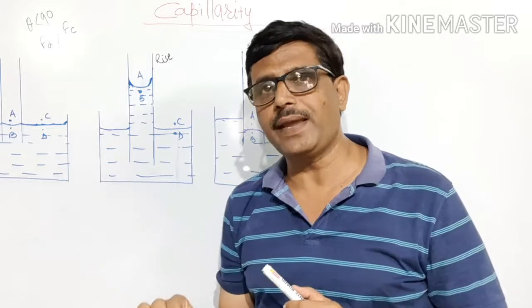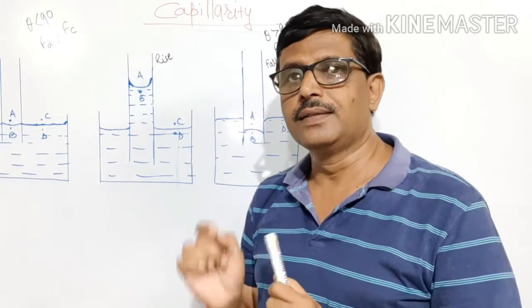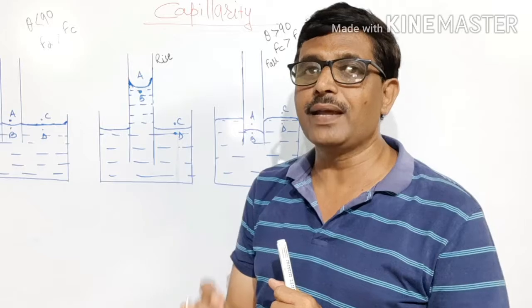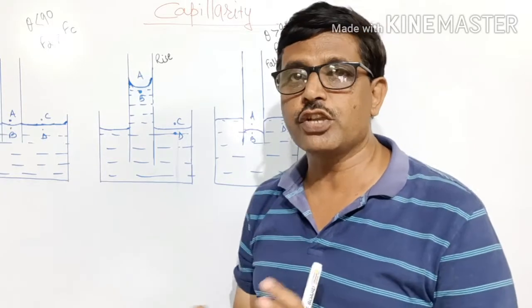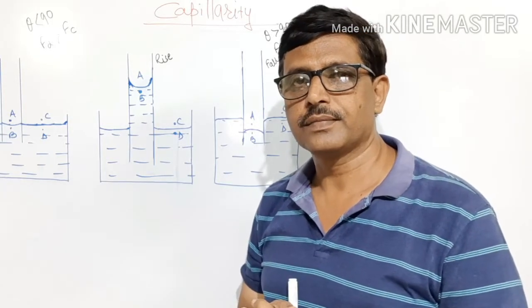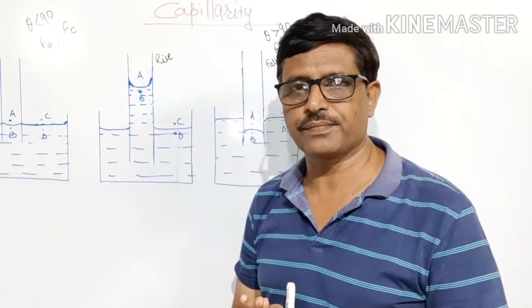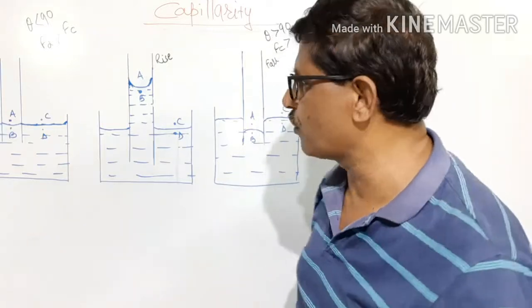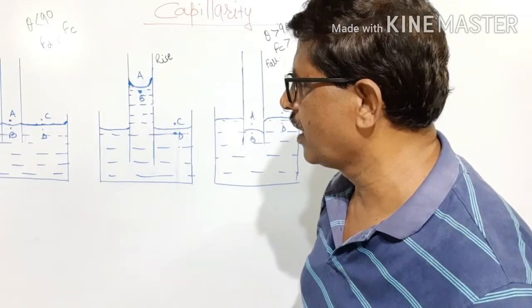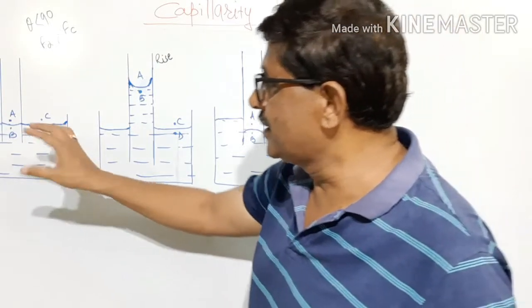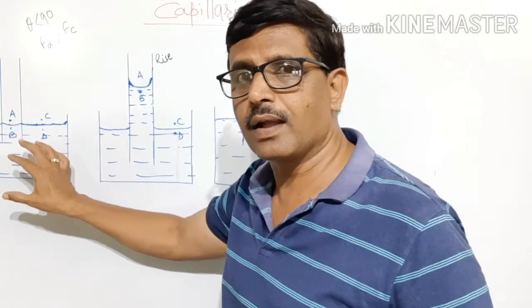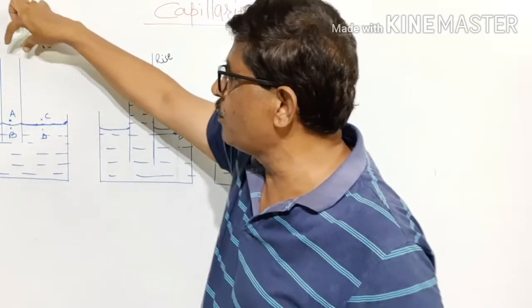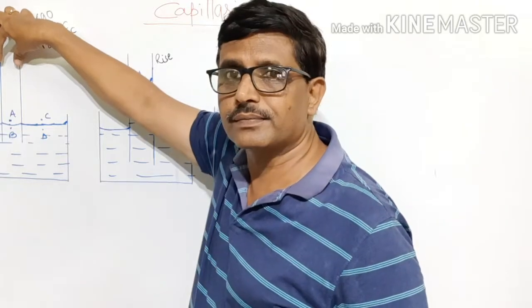We can explain this capillarity or capillary action on the basis of the pressure difference. A very simple thing we are going to do. This is the capillary tube of a very small bore.